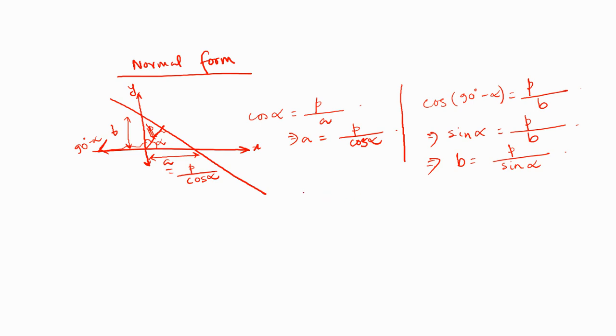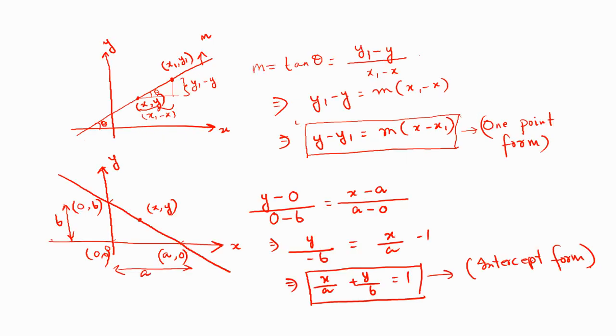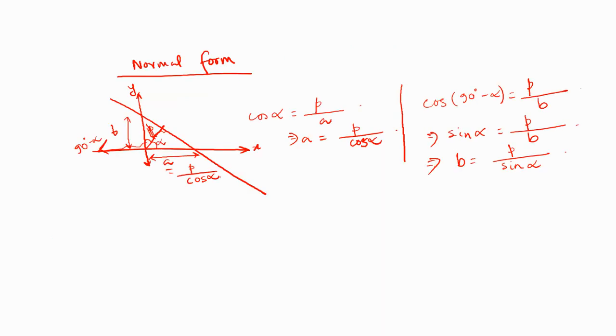We already know what the intercept form is, right? If you remember from the previous lecture, we discussed the intercept form x by a plus y by b equals 1, where a is the x-intercept, b is the y-intercept. We will use the same form here. What is the x-intercept here? p by cos alpha. So x by p by cos alpha plus y by, what is the y-intercept here? It is p by sine alpha, equals 1.